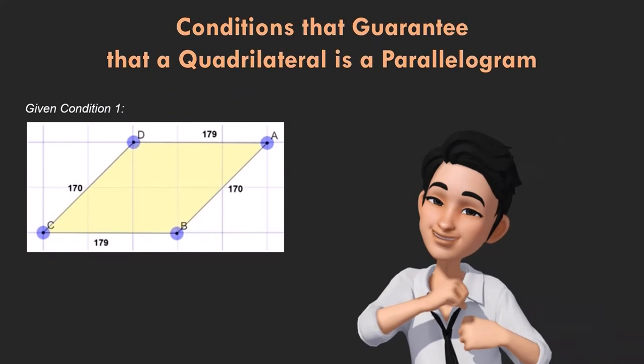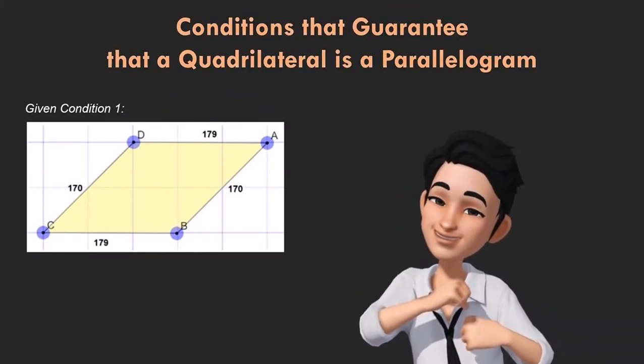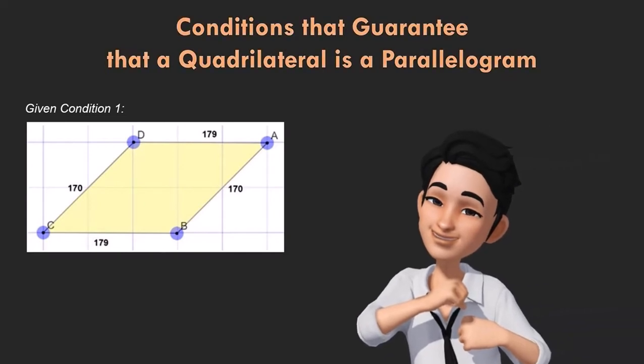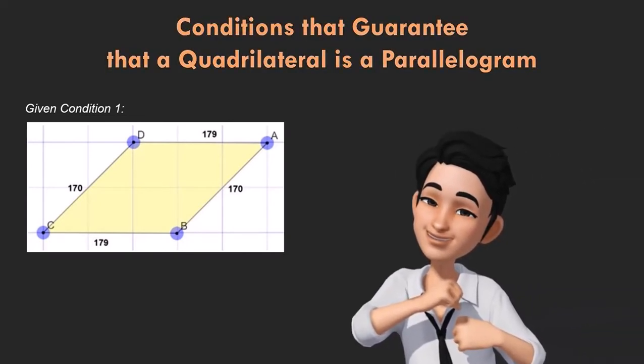Under the conditions that guarantee or make a quadrilateral a parallelogram, you need to master or memorize the properties of a parallelogram that I just tackled a moment ago. Those are important concepts and terms that will help you as we continue the lesson.